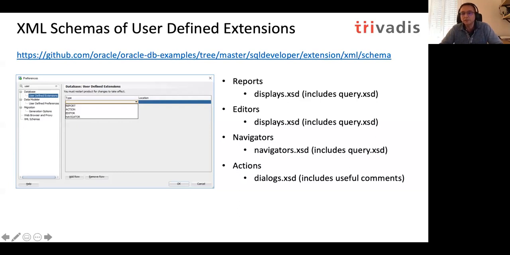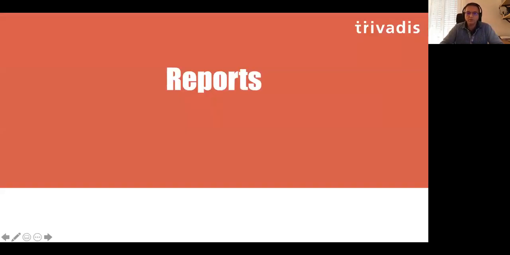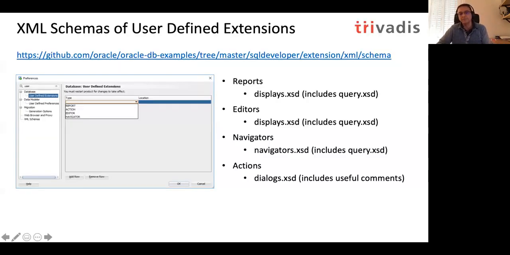So you have a lot of similarity in the first three. And then we have something very powerful. These are actions, where you can add context menu entries with a dialog, and you can even run JavaScript from there. This is the set of extensions you have in SQL Developer based on XML.